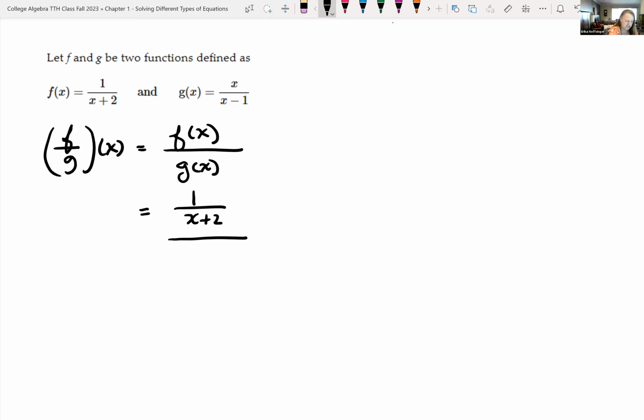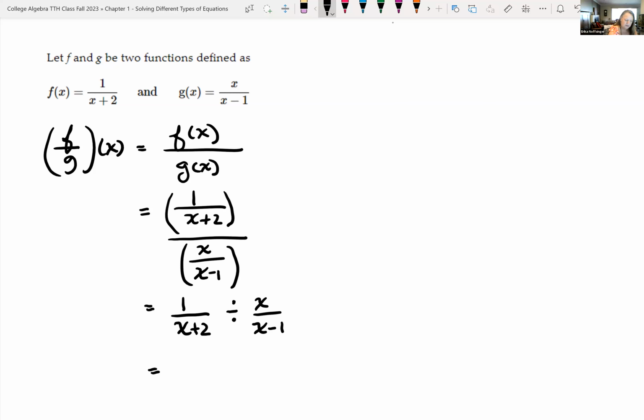My equation of g of x is x all over x minus 1. Since this is a single fraction divided by a single fraction, we can rewrite this a little differently. This is the same thing as 1 over x plus 2 divided by the fraction x over x minus 1.